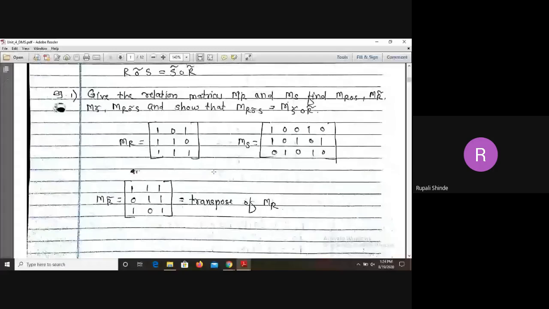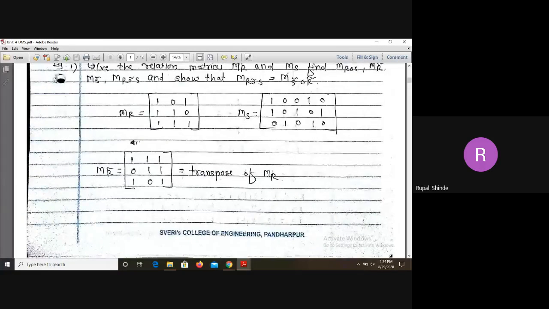Okay, so first of all tell me what is the resultant matrix here. First matrix is 3 by 3, second one is 3 by 5. So what is the resultant matrix? 3 by 5, yeah, correct. So here we have to perform matrix multiplication.